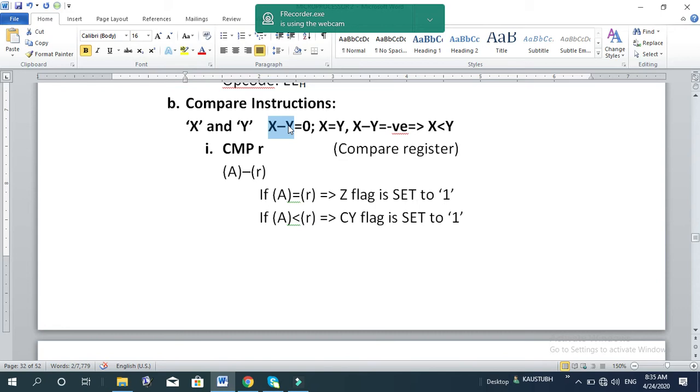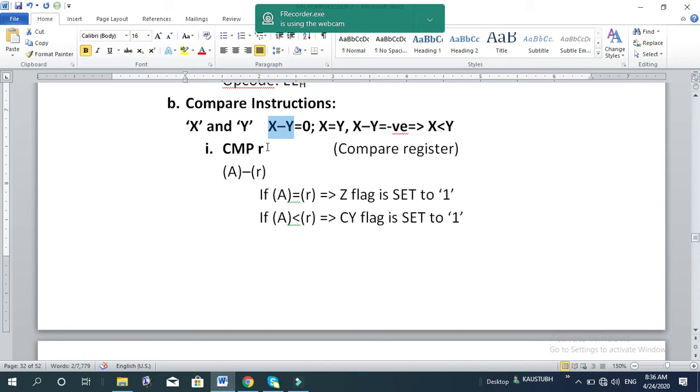Similarly, there are 3 instructions with borrow for subtraction: SBB R, SBB M, SBI data. Okay, so there are a total of 6 subtraction instructions.